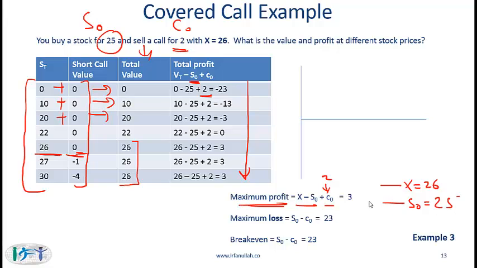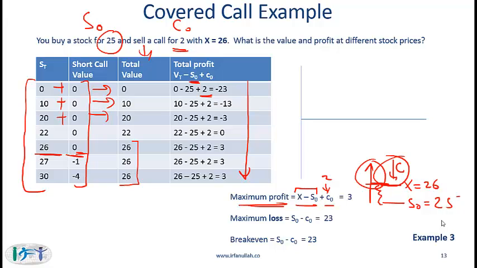If the stock price goes up, the first $1 is yours, because as the stock price is rising from 25 to 26, the call option does not kick in. It's only after 26 that the call option, in this case the short call, is going to cancel out the stock. So x minus s is 1.